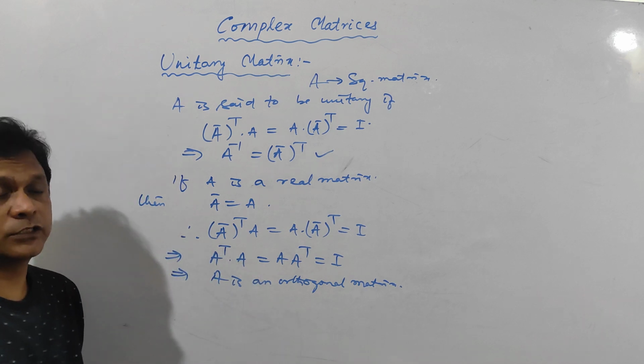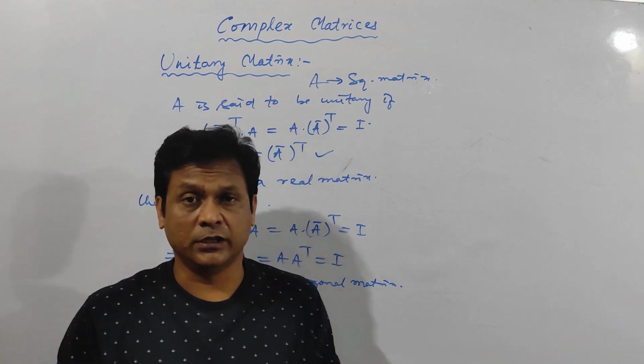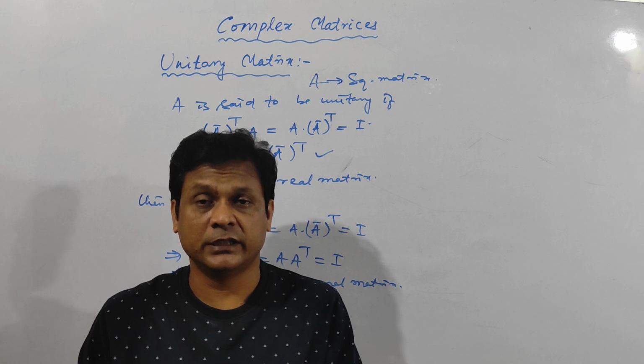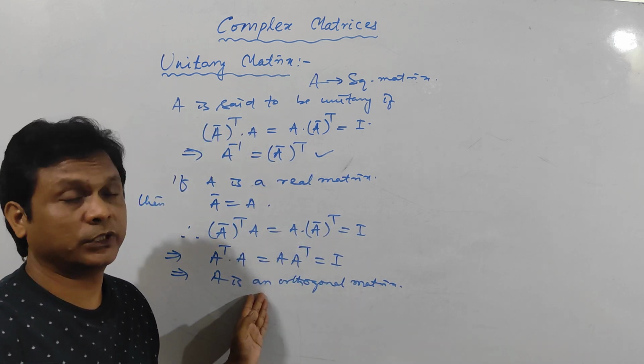That means, in short, you can say a real unitary matrix is an orthogonal matrix.